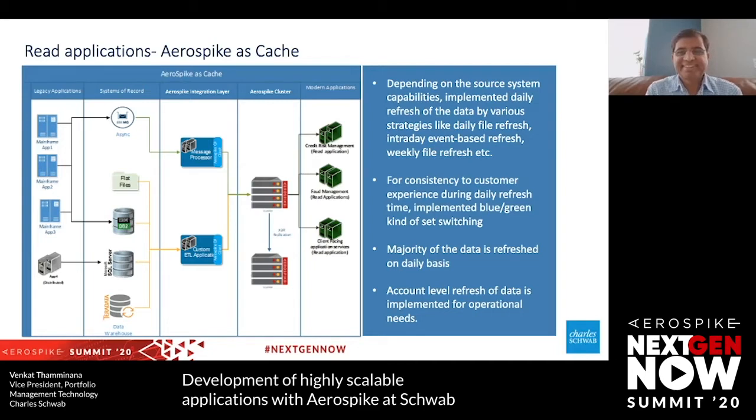So whenever there is an issue with the data, we need to look only in these two components, the message processor and file processor. Otherwise, we are immune from what changes are happening in legacy applications, or what changes are happening in the client-facing application layers or services layers.